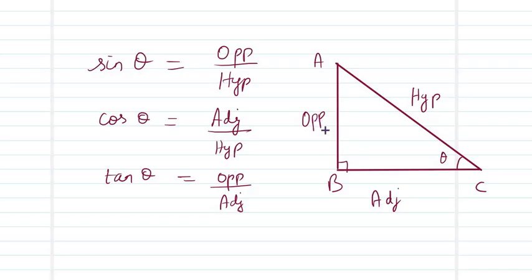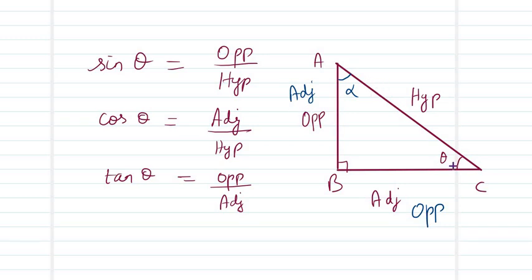Now for opposite and adjacent, you may have a question whether they can interchange or not. If I give a different angle, here I'll take it as alpha. Now A is alpha, so this side will be the opposite side and this side will be the adjacent side. With the corresponding colors of the angles, I have shown which side will be opposite and which will be adjacent.